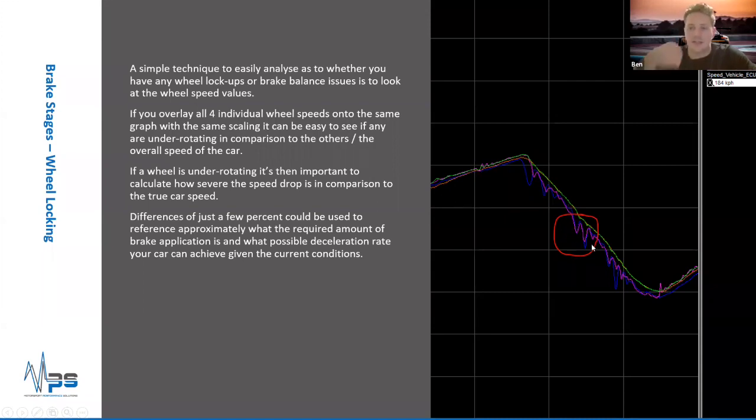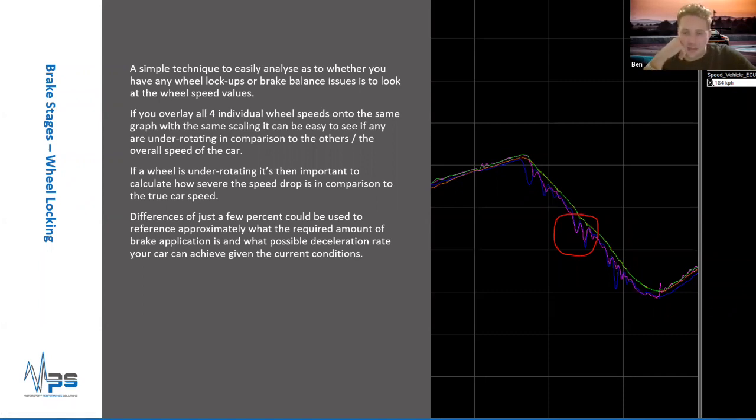So you could guess somewhere before that, very close to that, would be what your peak amount of brake application would be, whether that's pressure or pedal travel, etc. You know, right at this point I'm probably pulling 80 bar, so 76, 77 bar would probably be my target for this point in the braking phase.